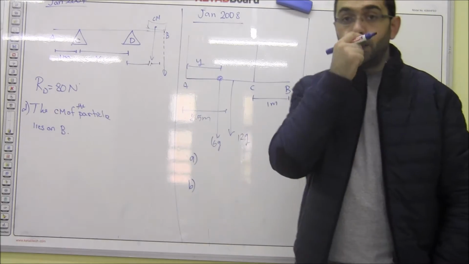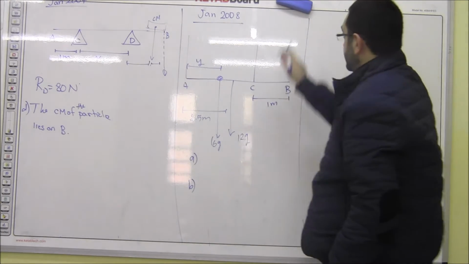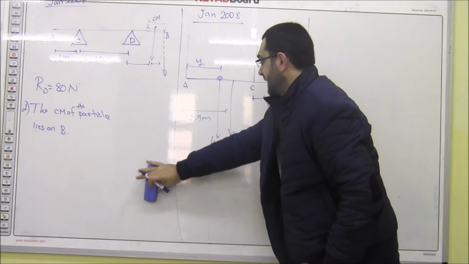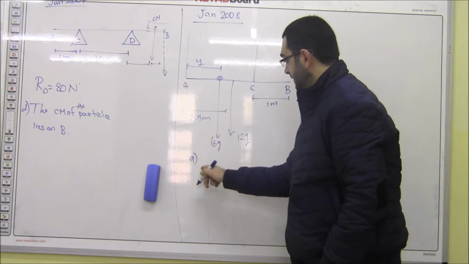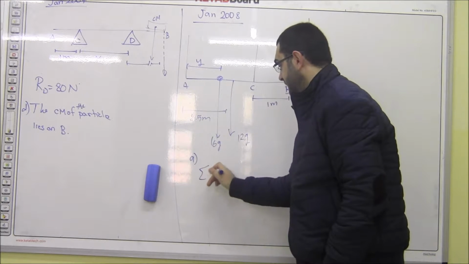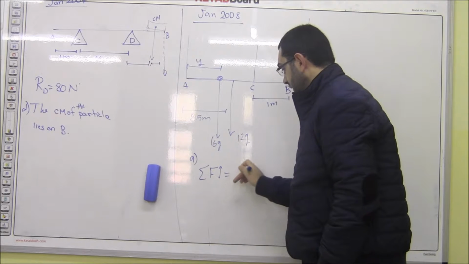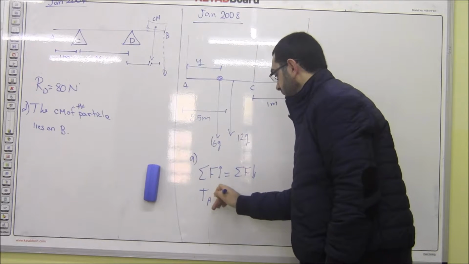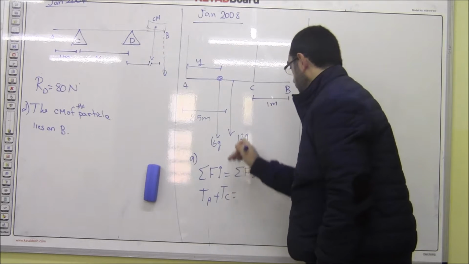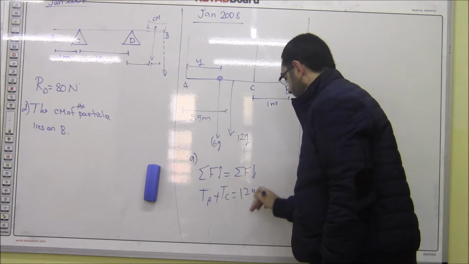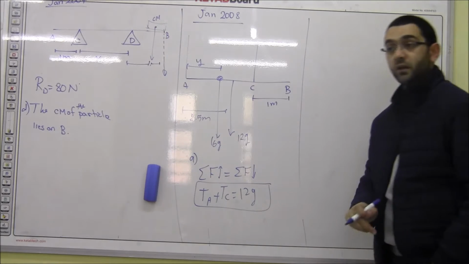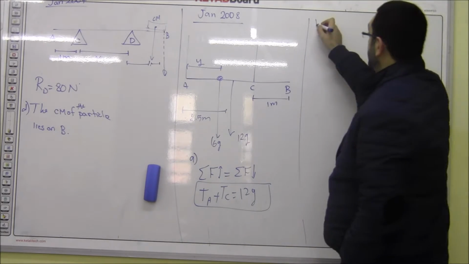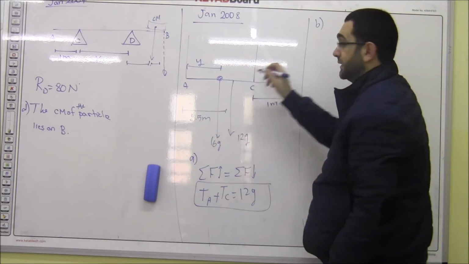Let's start from A. Sum of forces up equals sum of forces down. TA plus TC equals only 12G before, but now there's another particle added here.